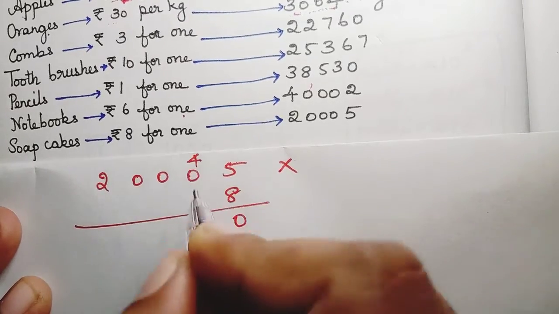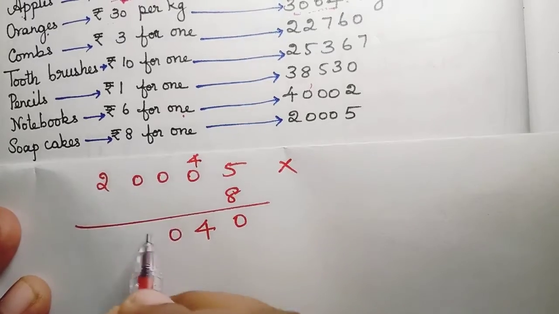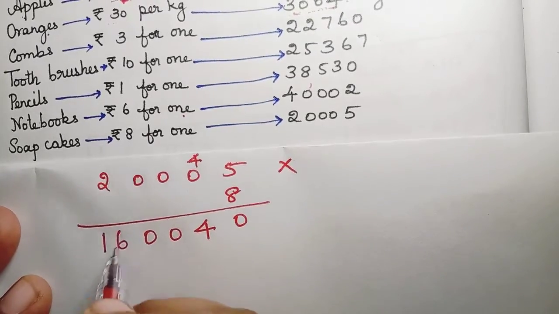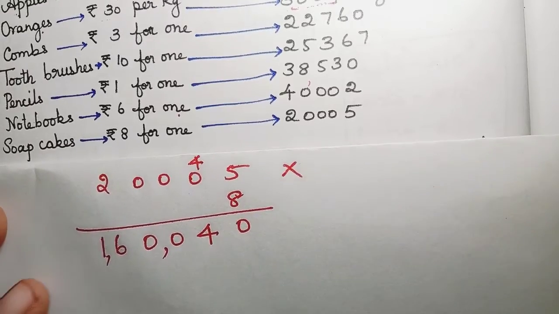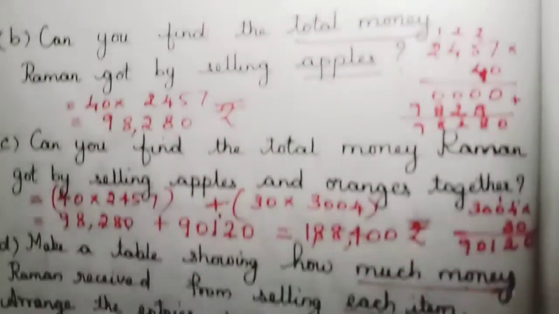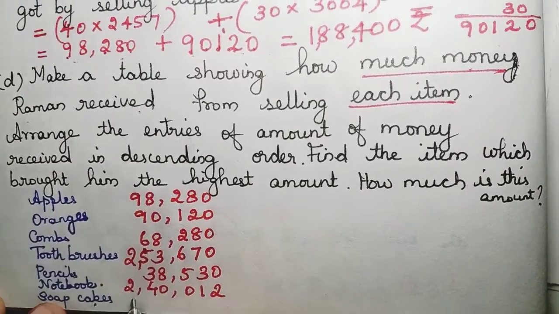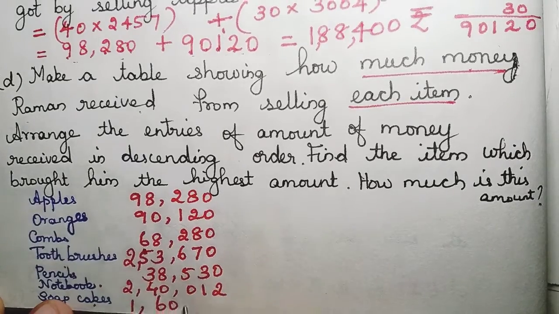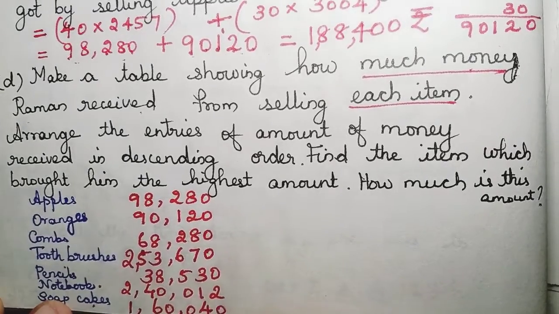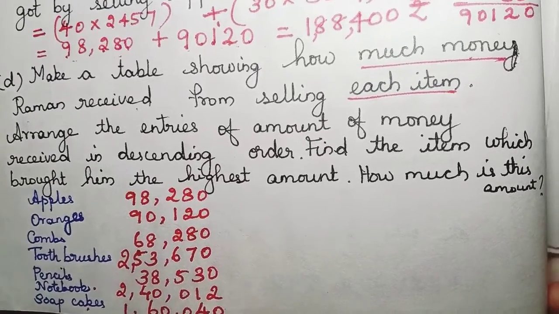Put 4 here. 0 plus 4 is 4. 0, 0, 2 8s are 16. So the answer is 1,60,040. So write it here, 1,60,040. We have found out the money he earned now.